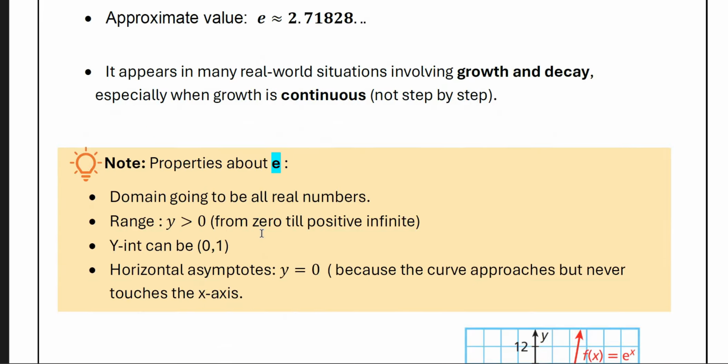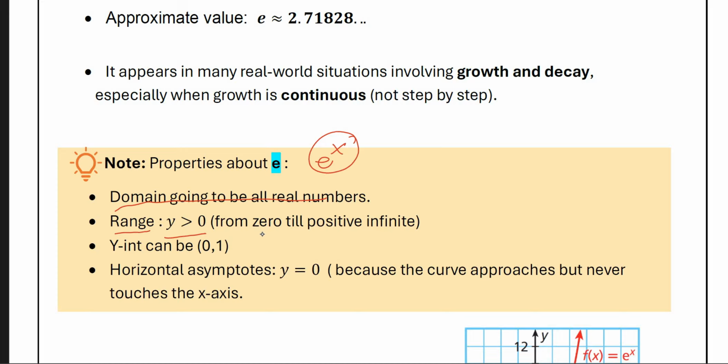we have some important notes about e or exponential, let's say power or natural exponential. The domain is going to be all real numbers, so when you have e power x you can substitute any value for x, because we know that domain is all numbers that are allowed to be substituted for x. The range is going to be y greater than 0.